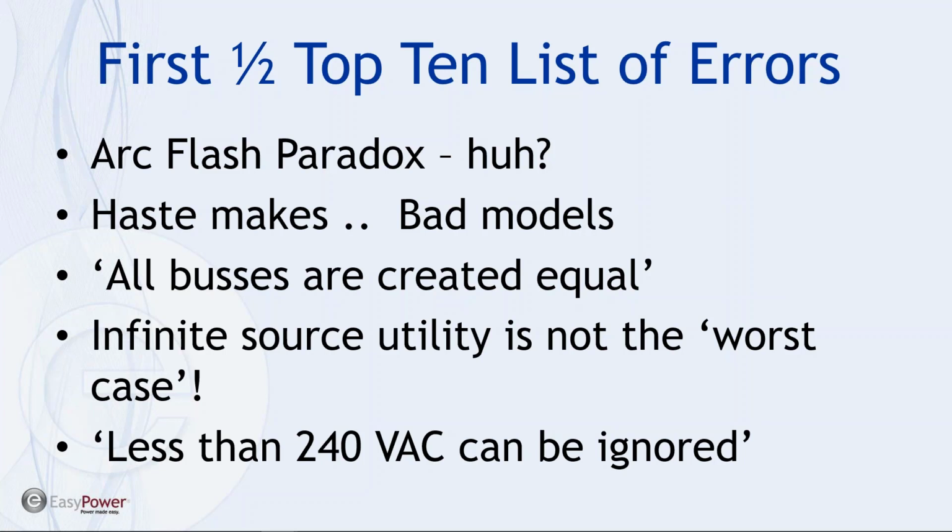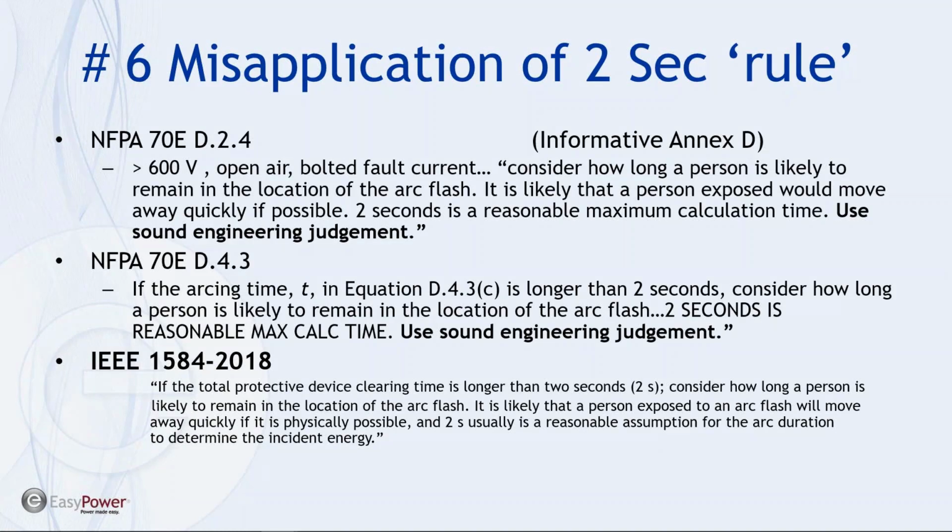There is reason to be aware of the different characteristics of buses, that the infinite source is not the worst case in arc flash calculations, and it has been determined that, contrary to the recommendation in the original 1584 model, 240 volt systems in some conditions cannot be ignored. So I invite you to reflect back on the first recording of this presentation. Let's jump into the second half of the list.